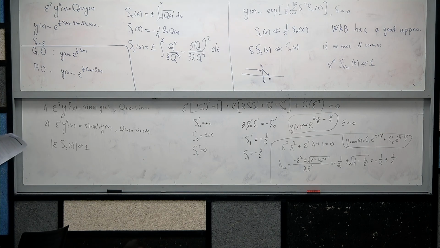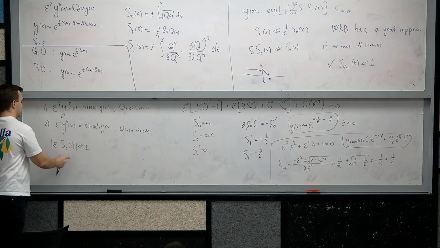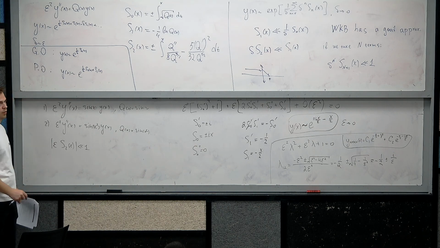So what do you think? We can plug in q of x, find all the derivatives, and calculate these horrible integrals, but maybe we can analyze it without integration. So again, we need to think whether S2 times epsilon is small.